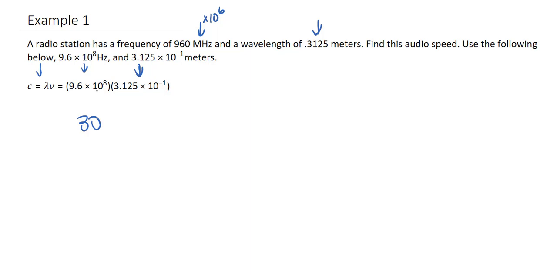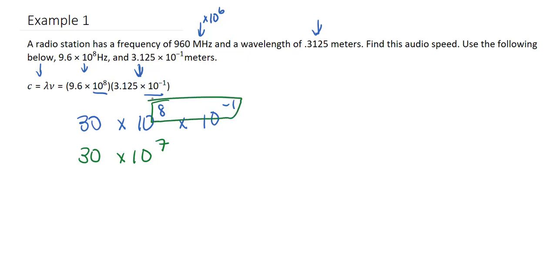Now, notice we have times 10 to the 8th and times 10 to the negative 1. Since we have the same base, we're just going to add the exponents. So 8 minus 1 is equal to 7. So we get 30 times 10 to the 7th because we added these together.